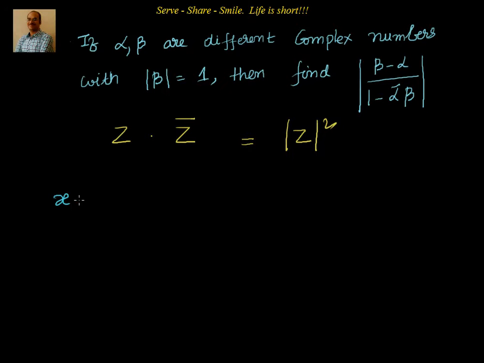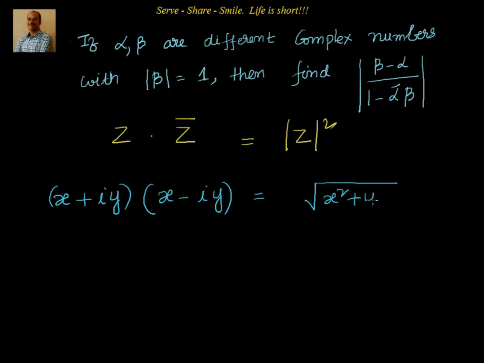Let us say z equal to x plus iy. Then what will be the conjugate of the complex number? That will be x minus iy. And what is the modulus of z? Nothing but the square root of x square plus y square, and you square it. Then on the left hand side, (a plus b) into (a minus b), can I say a square minus b square?